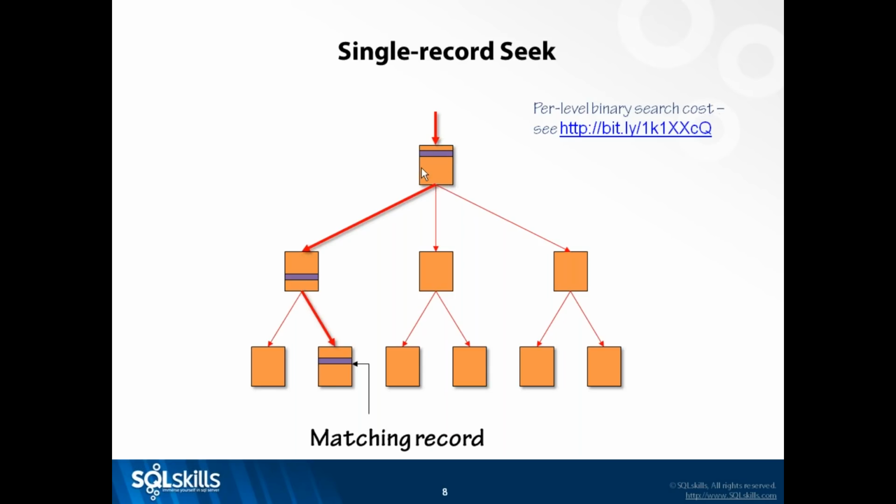It goes to the root page, and based on the records that are in here, and we're not going to get into depth on the index contents, it can make a choice about which way through the index to navigate. Okay, and this is a very simple contrived case. So let's say it chooses to go down to the left-hand branch, and in this page here, there's enough information for it to decide which of the pages at the leaf level here has our record on it. So it chooses this way, and it finds our record.